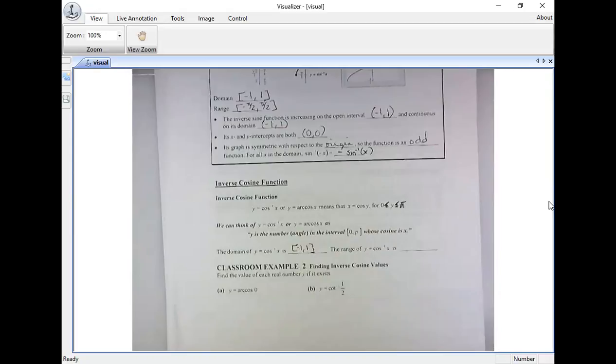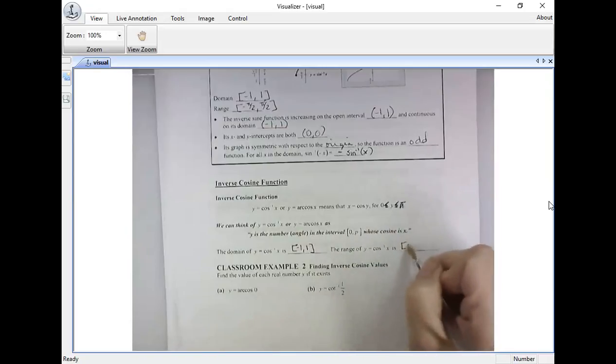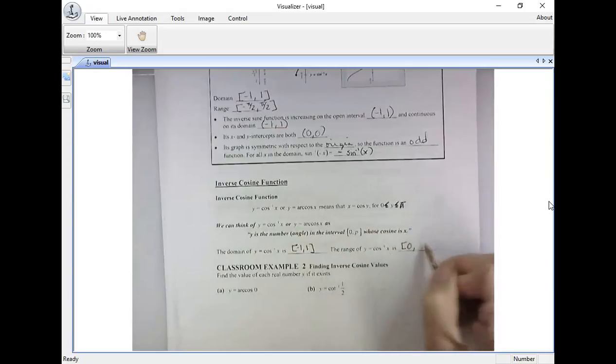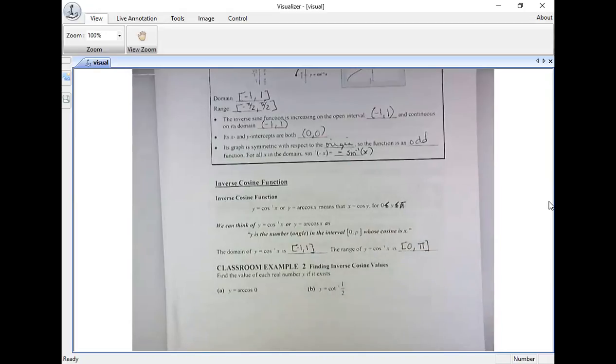Instead of quadrants 1 and 4, we're doing 1 and 2. So how would I write that? From 0 to, well, yeah, to pi. Pi over 2 would just be 90 degrees. If I want to do quadrants 1 and 2, I'm going to go from 0 to pi.